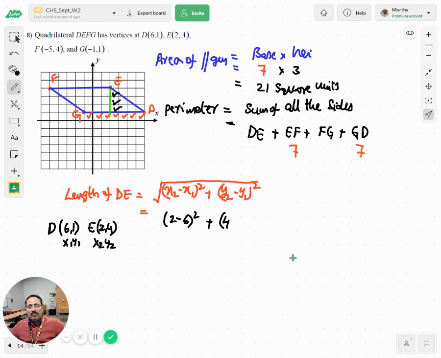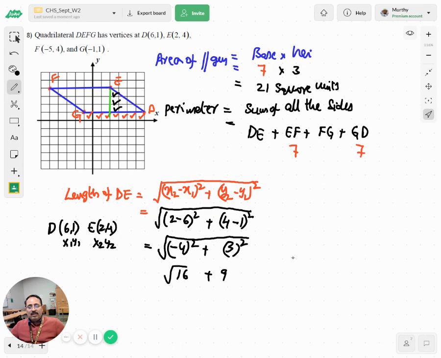Y2 is 4 minus 1 square. So 2 minus 6, negative 4 square, 4 minus 1, 3 square. That gives me 16 plus 9. 16 plus 9 is 25. Then square root of 25 equals 5 units.